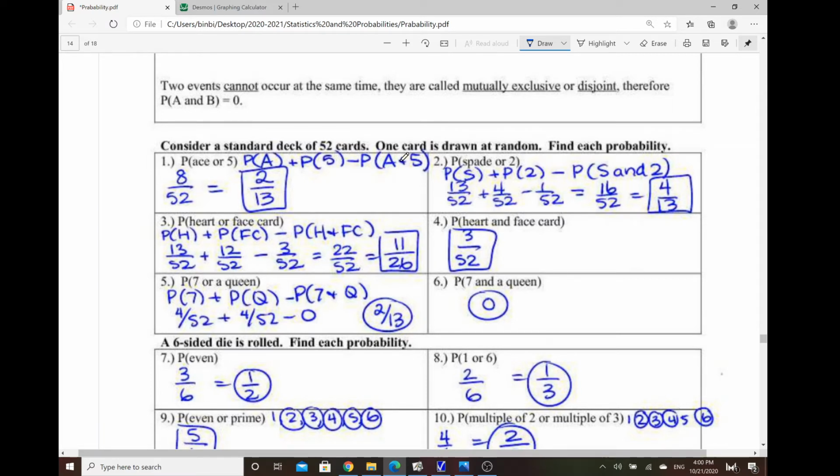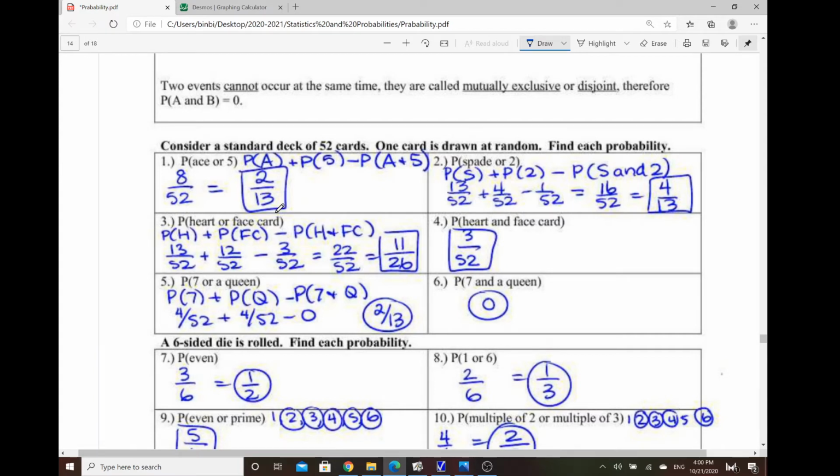Oh, you know what? There's no overlapping event here. Ace cards are just the diamond, spade, heart, and club. And 5 is also the same thing. So there's no overlapping event here, no card they share in common. So it's just 4 over 52 plus 4 over 52. So it's 8 over 52, so 2 over 13.